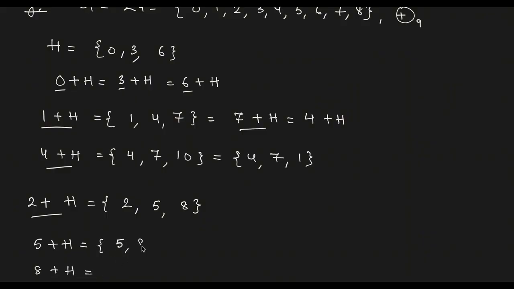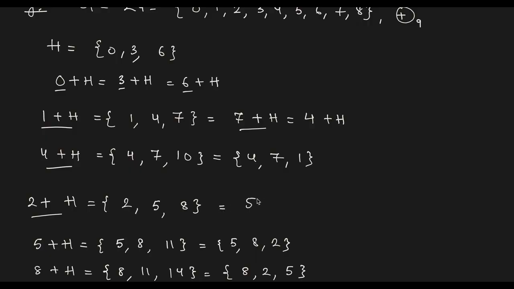So 5, 8, 11, and addition modulo 9 will be 5, 8, 2. 8 plus H: 8, 11, 14. Addition modulo 9: 8, 2, 5. So I can clearly see that 2 plus H is equal to 5 plus H, which is equal to 8 plus H.